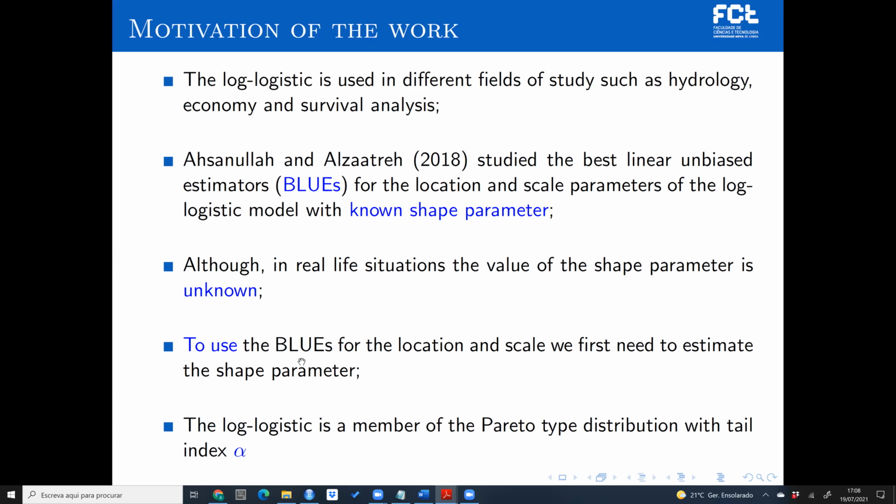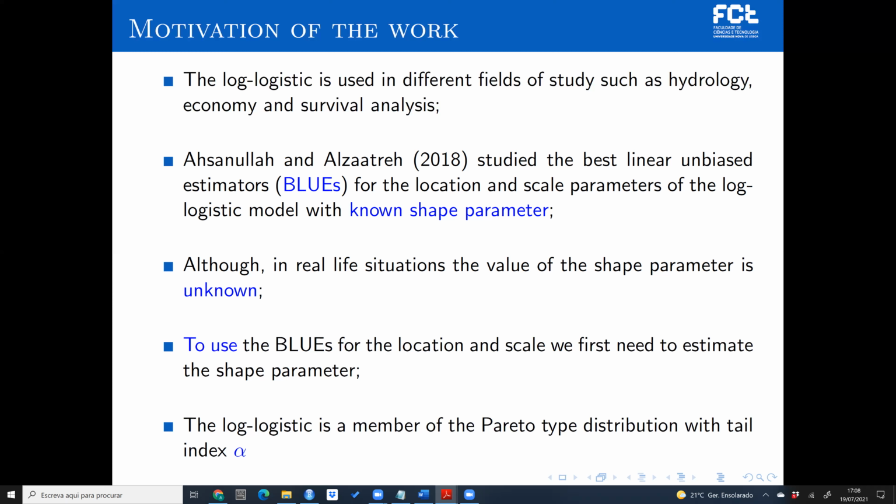Another result that is very important is that the log logistic is a member of the Pareto type distribution with tail index alpha. So, several estimators for the heavy tail index alpha exist in the literature.